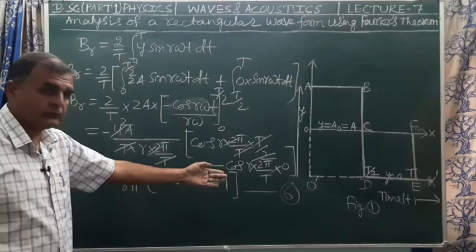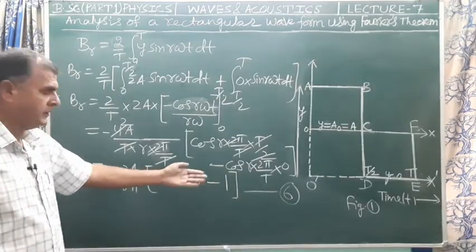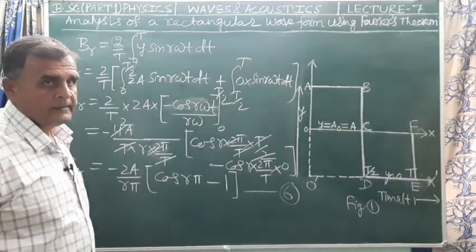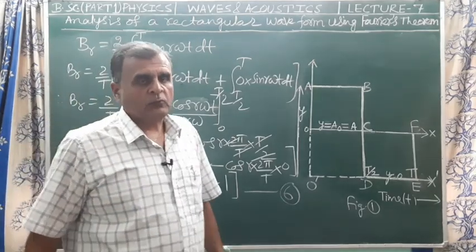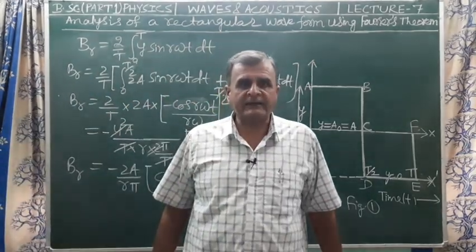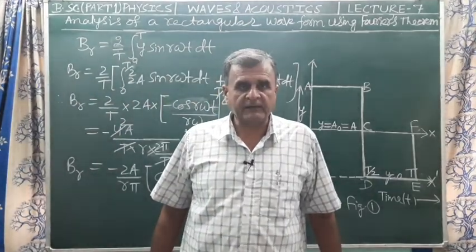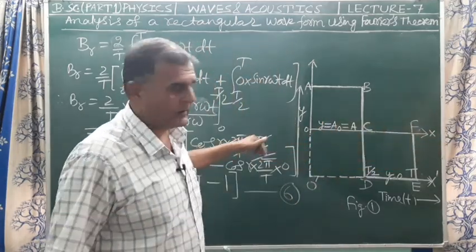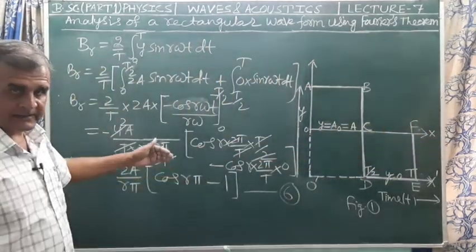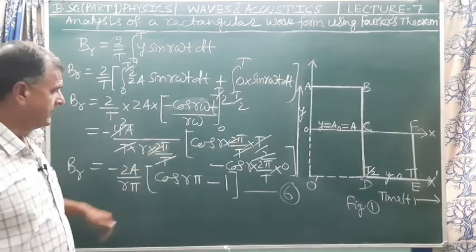Therefore, under bracket 1 minus 1 is 0. Therefore Br is equal to 0. Br, the amplitude coefficients of the sine terms present in the Fourier series for the rectangular waveform, will be 0 if r is even.